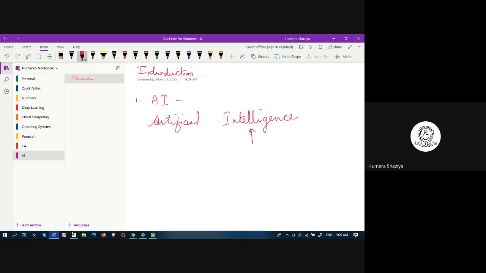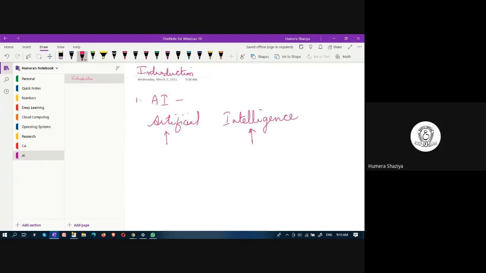That is intelligence. What does the term artificial mean in this phrase? Artificial implies that it is not the human's intelligence; it is the machine's intelligence that has artificially been inculcated into a machine.